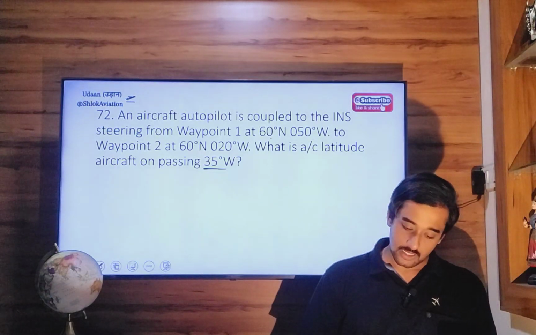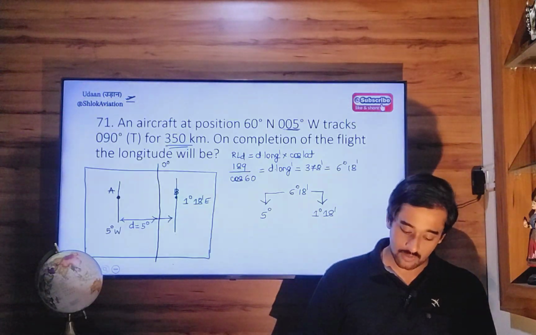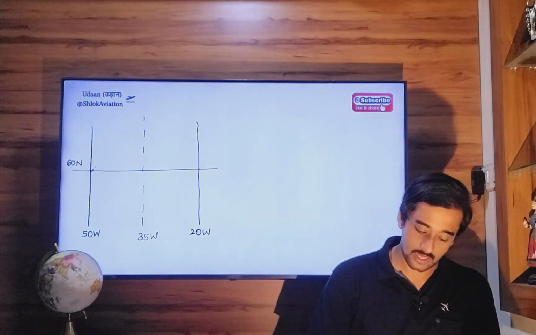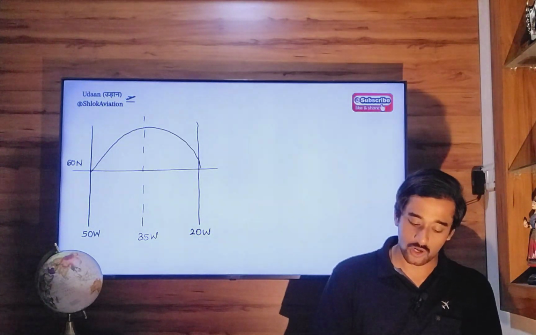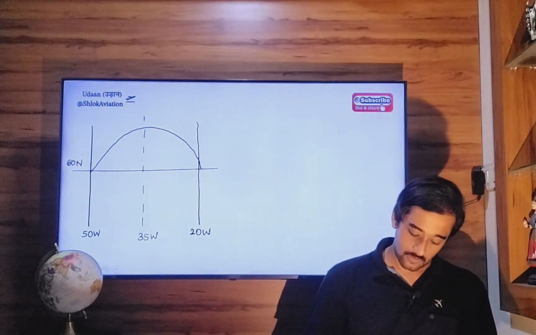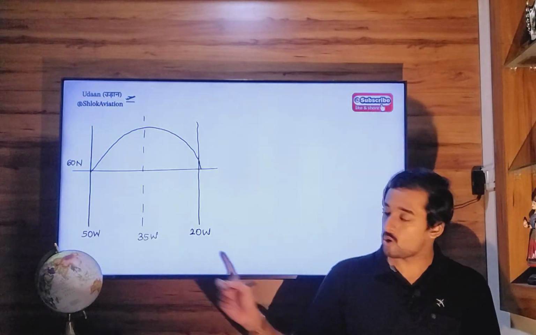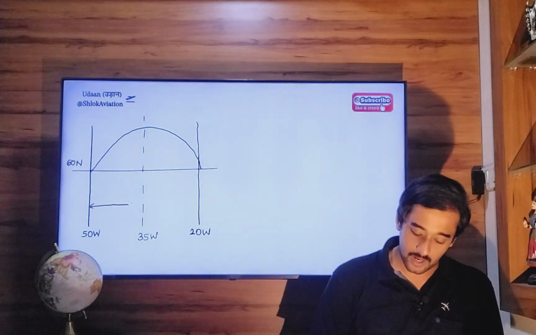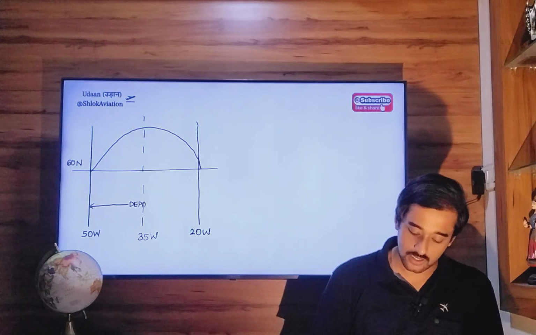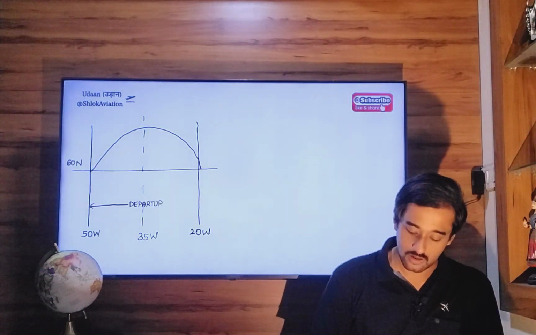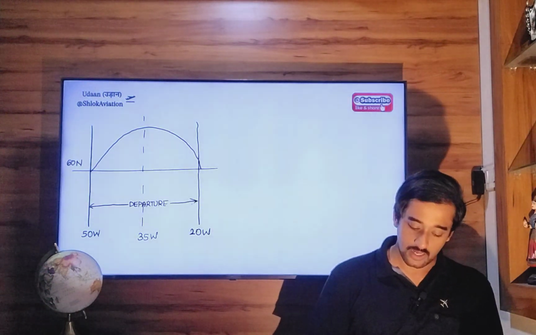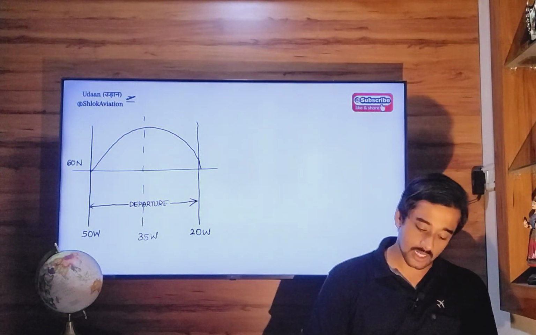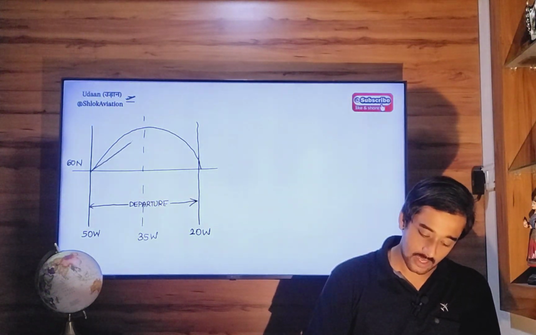Since it's the north hemisphere, your great circle is going to pass like this through the nearest pole, the north pole. Now the distance between these two longitudes, 50 west and 20 west, is departure or rhumb line distance. Next step, draw a triangle like this.